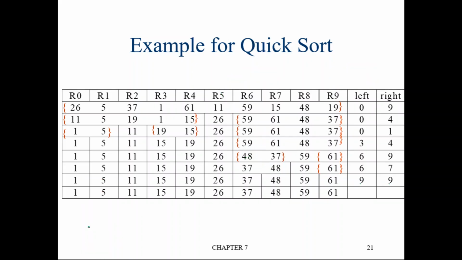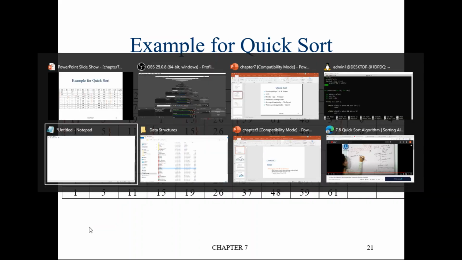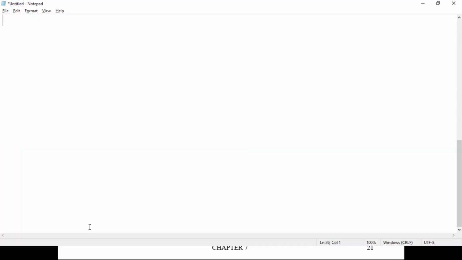Now let us see how to implement this. With our understanding, we are partitioning the array at every iteration. So we'll have a function called partition. We are not literally partitioning; actually, we are manipulating as if the array is partitioned.